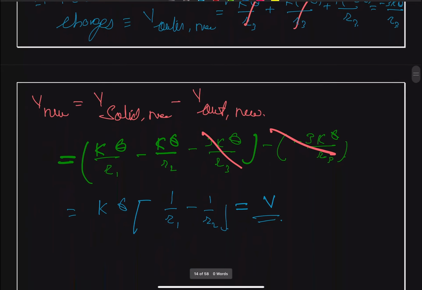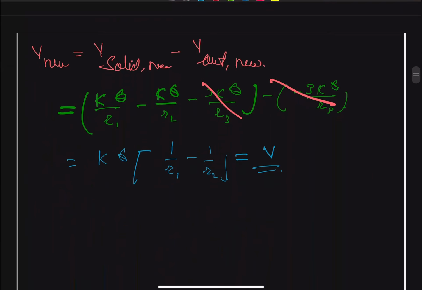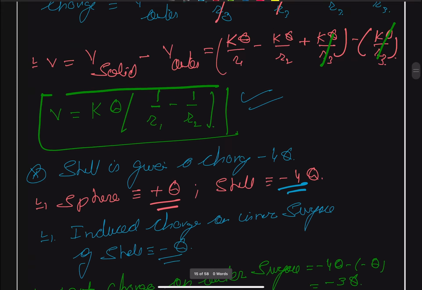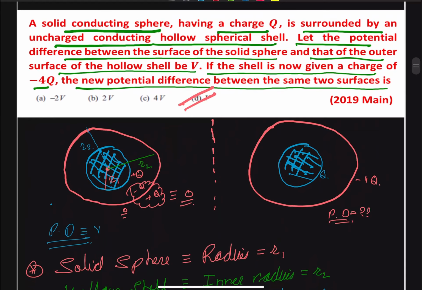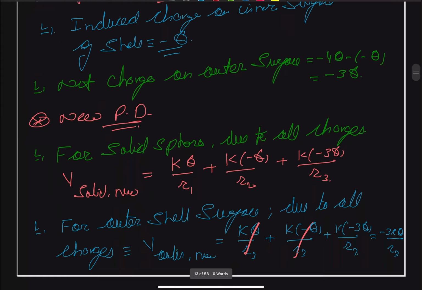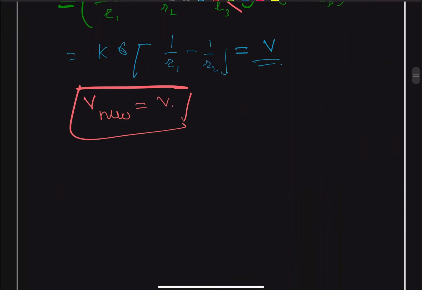So therefore we can say that our new potential difference will be equal to our V. So option number D is the correct. Option D is correct. Next question.